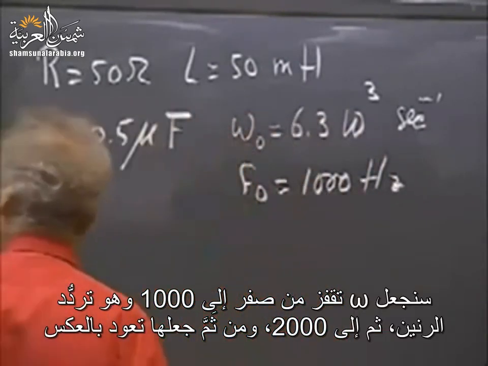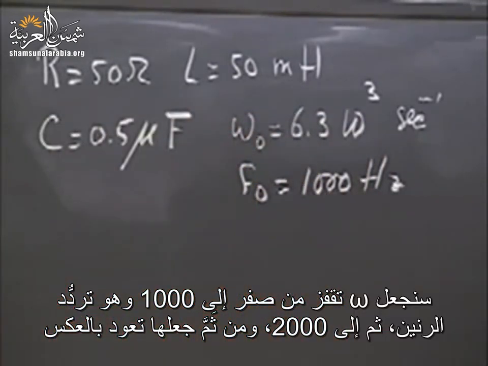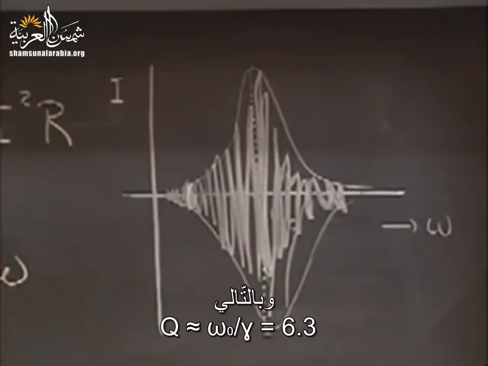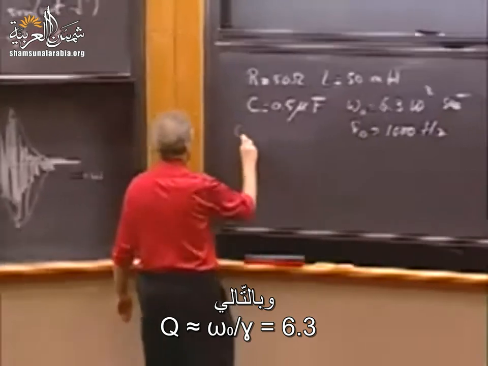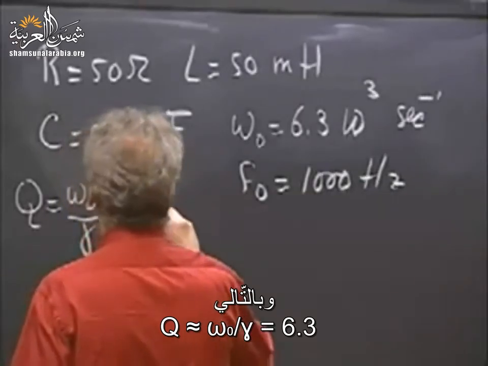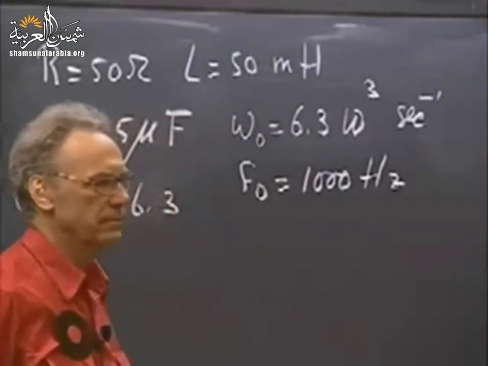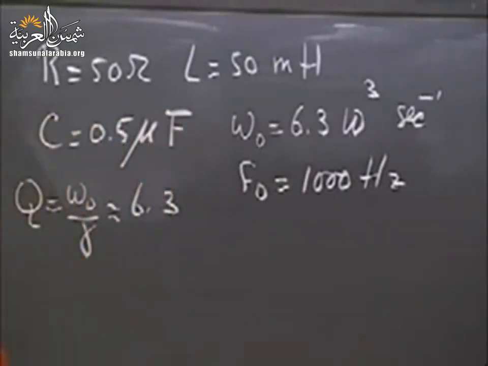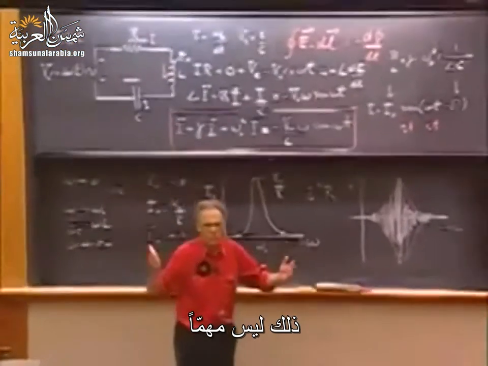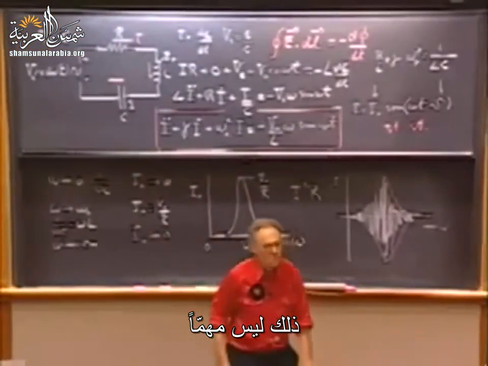And we're going to sweep it from 0 over 1000, which is resonance, to about 2000, and then we sweep it back. And so the Q of this system, which is omega 0 divided by gamma, is about 6.3. And what the V0 is of that circuit is not so important. But it is 4 volts.